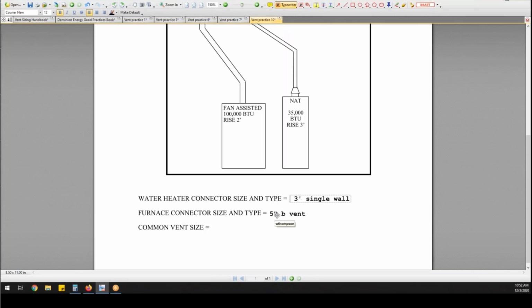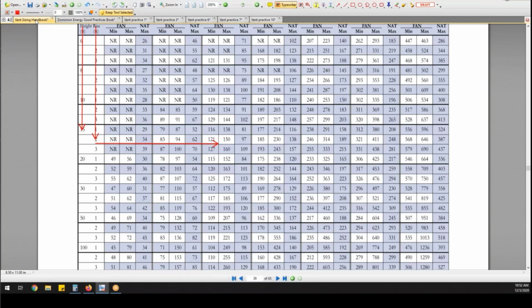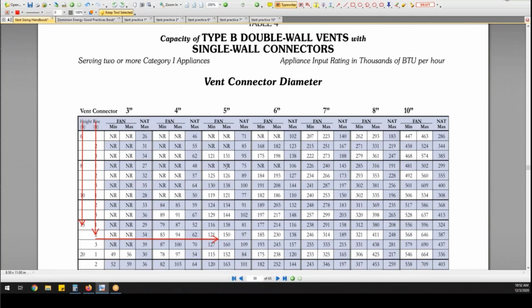I already know I can only do the furnace in 5-inch B vent. So to figure out the common vent size, I've got to come back over to the sizing handbook. And because I have a single wall connector in the system, my water heater is a single wall connector, I've got to be on the single wall chart, because there is a single wall connector in the system.